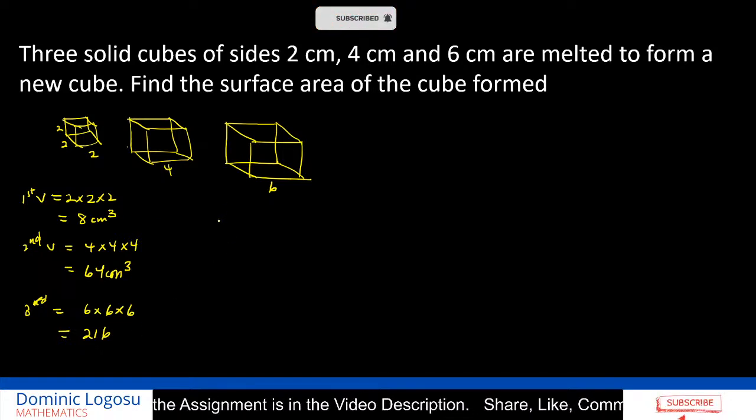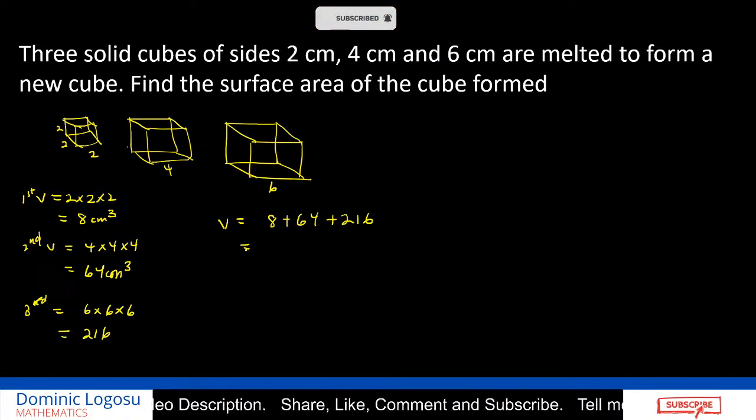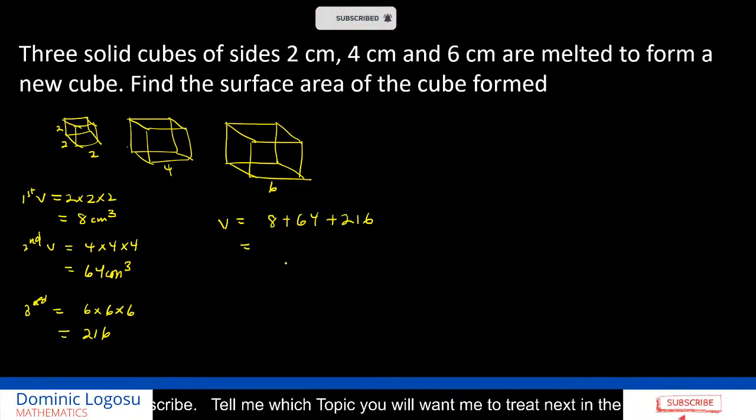So it means that after melting, the volume should be 8 plus 64 plus 216. Now let's do the summation for that. What do you think will be the summation for that?